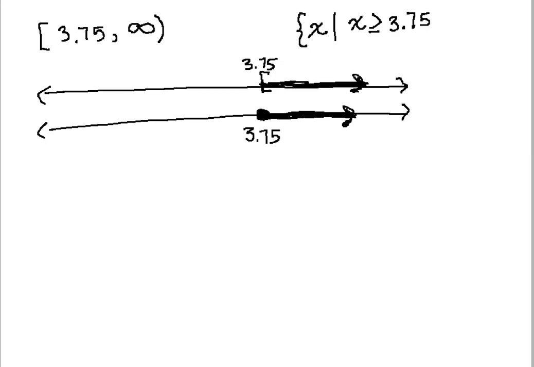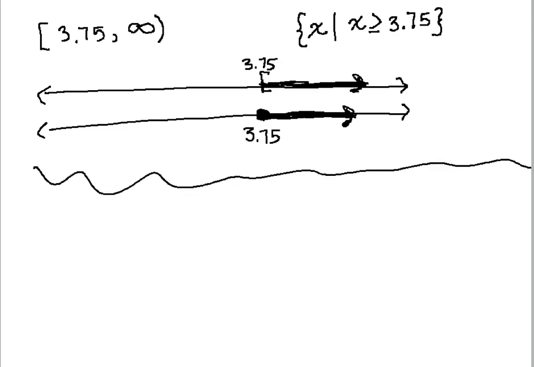So this tells us exactly the same thing. Now, if you wrote it as 3.75 is less than or equal to x, technically it's mathematically correct. Again, this is one of those cases where you would wind up having a really weird math accent, okay?